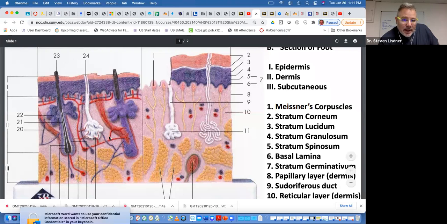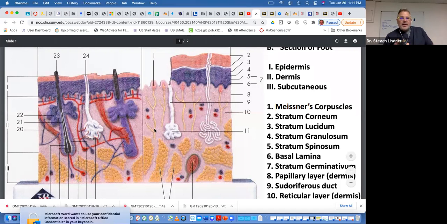Then you look, you got blood. That's connective tissue. You have epithelium. That's tissue. You have fat. That's connective tissue. So you have epithelial tissue up here. You got connective tissue down here. You got blood, which is connective tissue. You have muscle. And you have nerve.